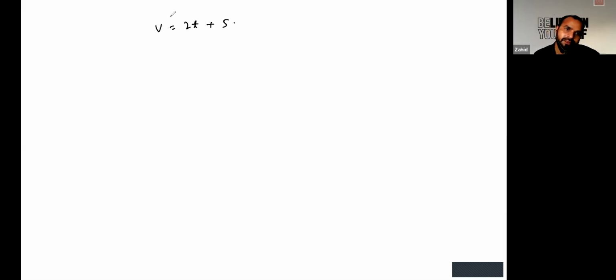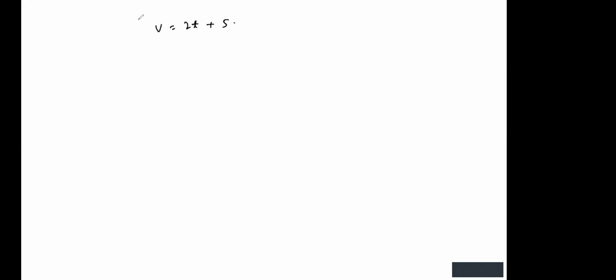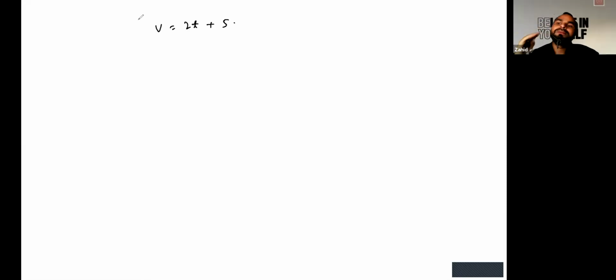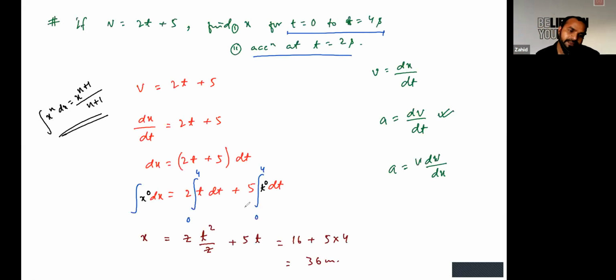What you have done for this particular function? So 36 by 2, you took 36 by 2. What was 36 in the previous part? It was x, we have calculated x.